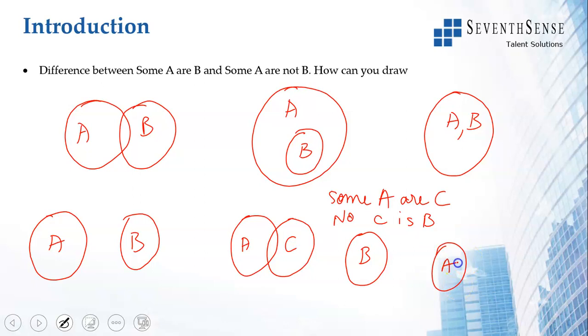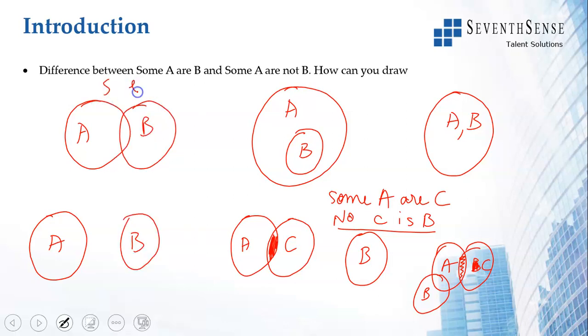The other way to draw it is like this. Oh, sorry, this is C. Then you will still have some A are not B. How? This part of A, which is also C, can never be B because no C is B. So this part of A, some A are not B, is also something that you can conclude in this diagram as well.